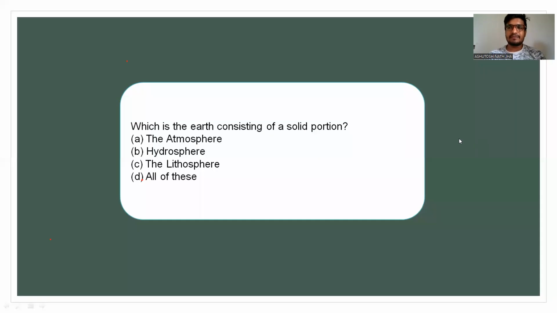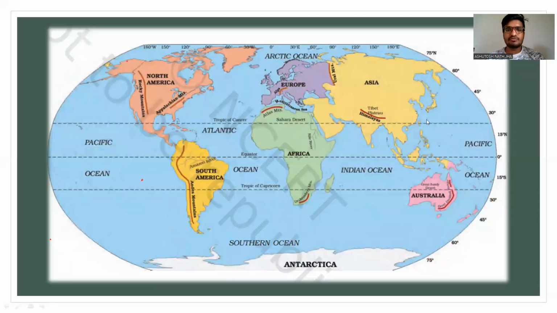So we can move forward. You have to observe these particular pictures and tell me what comes to your mind. Yes students, you have to observe the world map. Okay, so all these different continents over there.